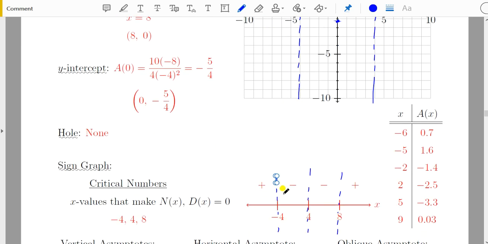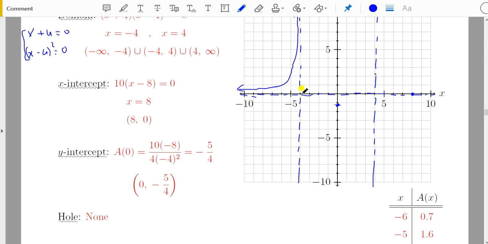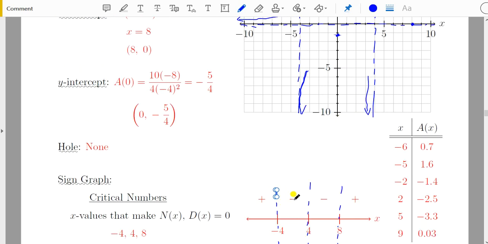And now between -4 and 4 must be a negative value. So between -4 and 4, it should be down here. As we move to the left and to the right, the function must approach the vertical asymptotes, moving down because of the negative value between -4 and 4.